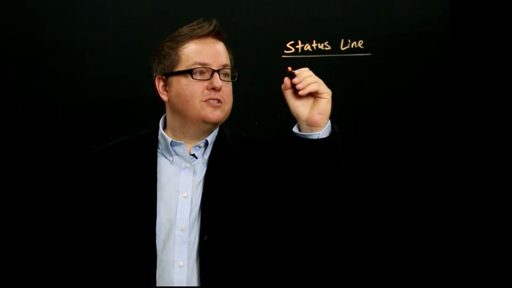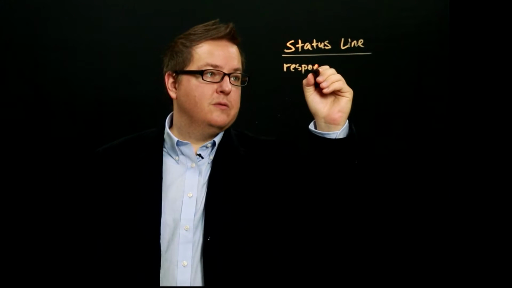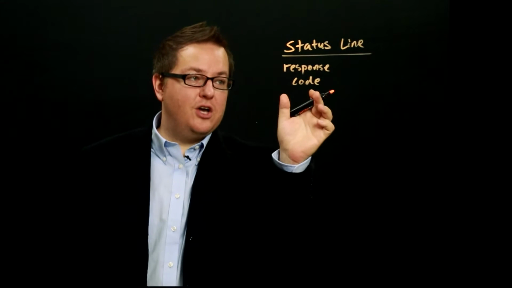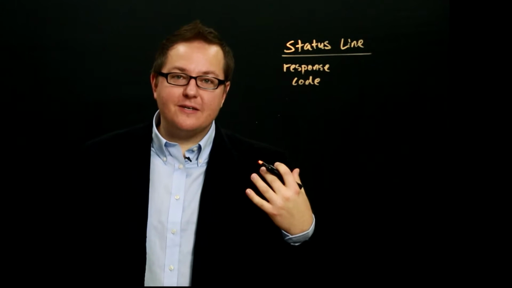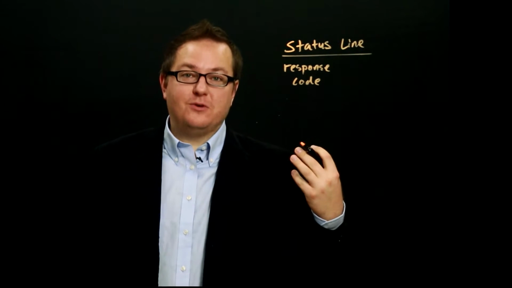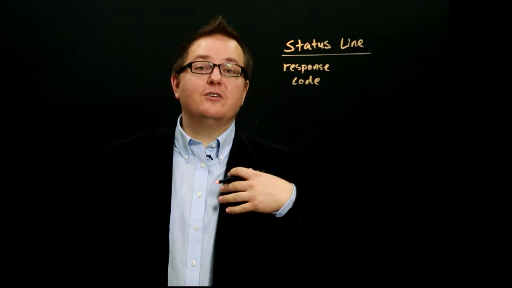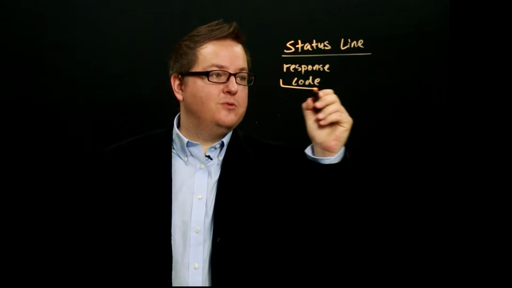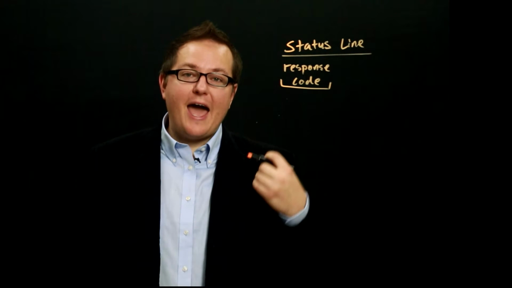It's composed of a response code, which is a numeric code that tells us what happened on the server. Did it successfully find the resource? Did it not find the resource? Did it encounter some other type of error? And that response code is really important because it's telling the client, here is what happened on the server.